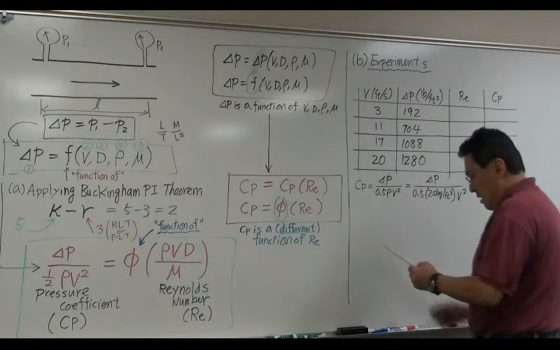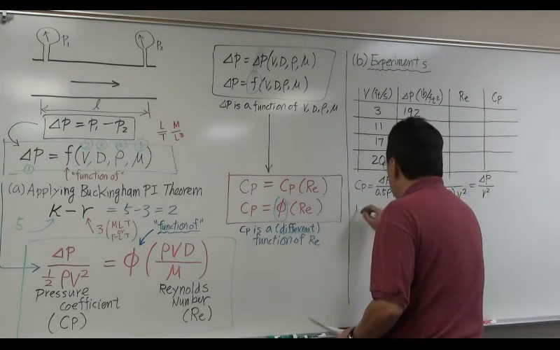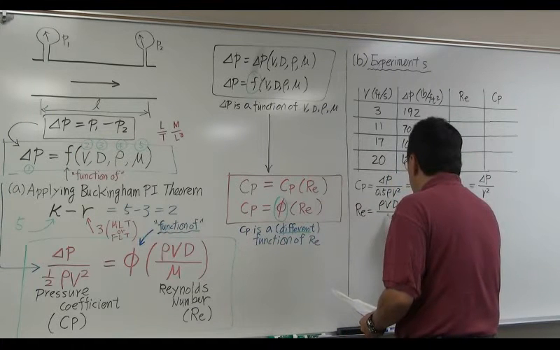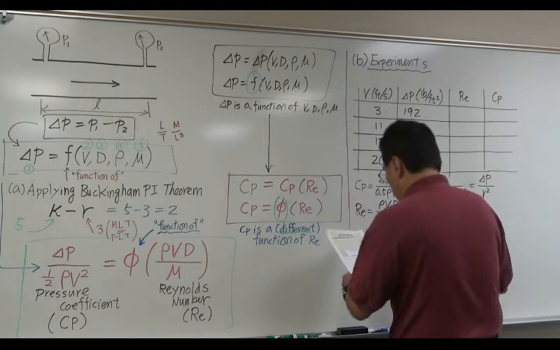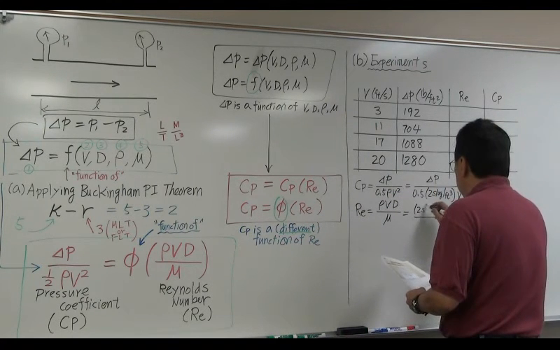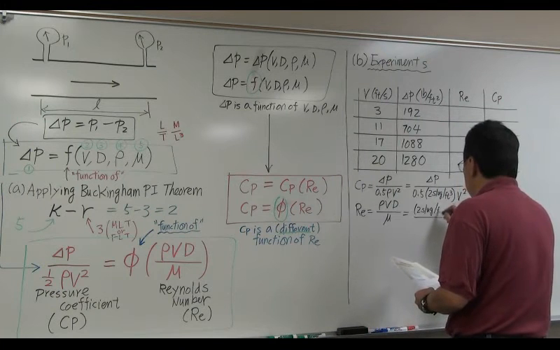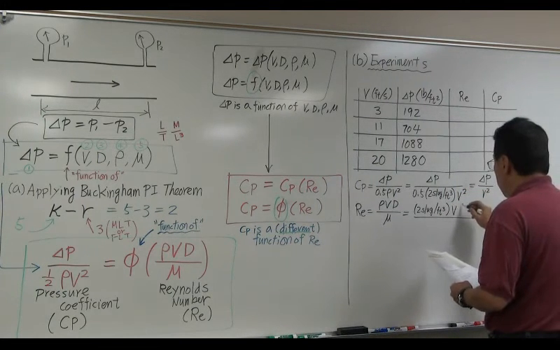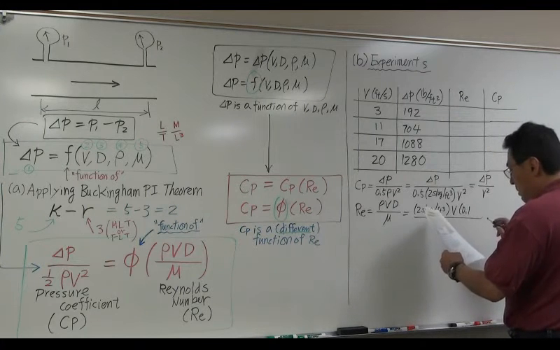Well, what about Reynolds number? Reynolds number, by definition, is rho V d over mu. Density is once again 2 slugs per cubic foot. Velocity is V. Diameter we chose 0.1 feet.